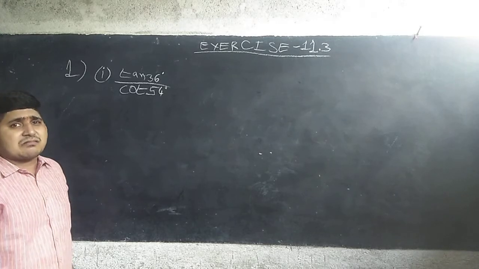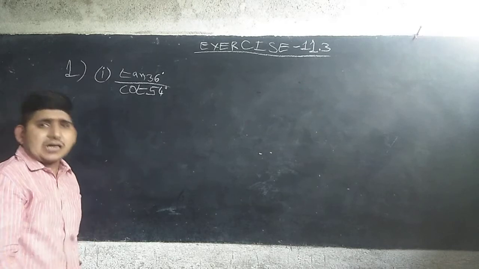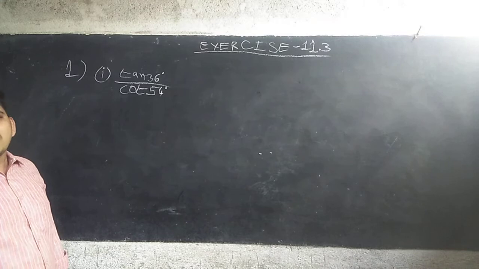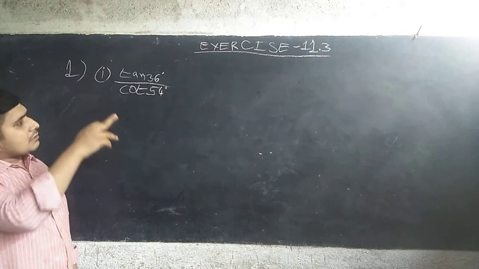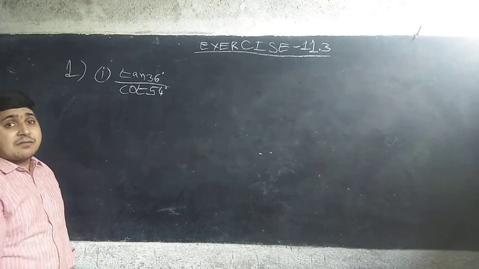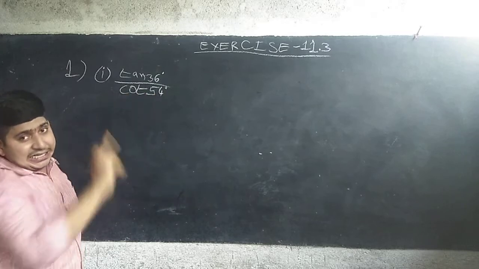Because the sum of the two angles is equal to 90, or 180, or 270, or 360, then we have to change one angle in terms of the other angle. Means we have to change the first angle in terms of the second angle.